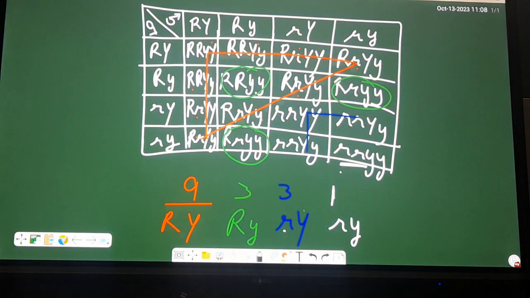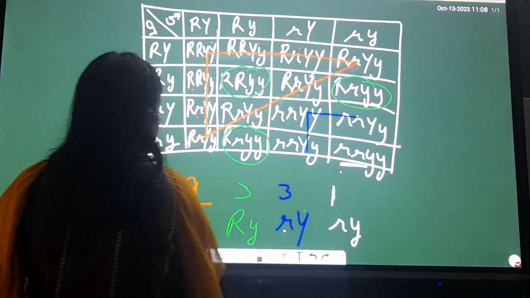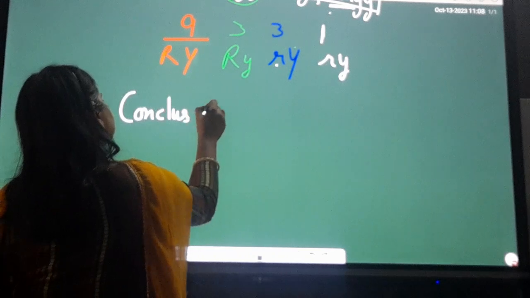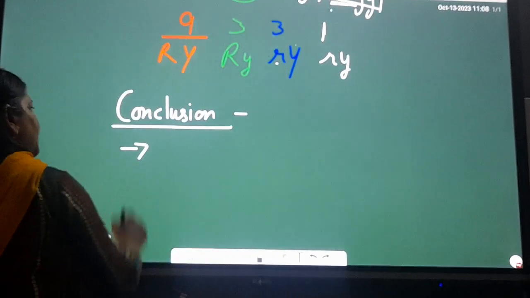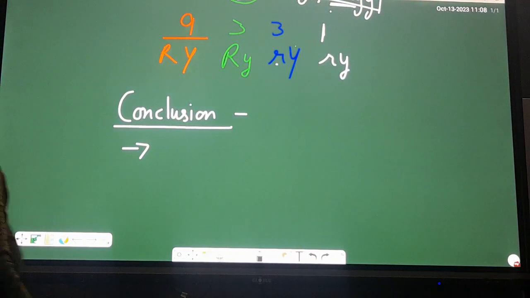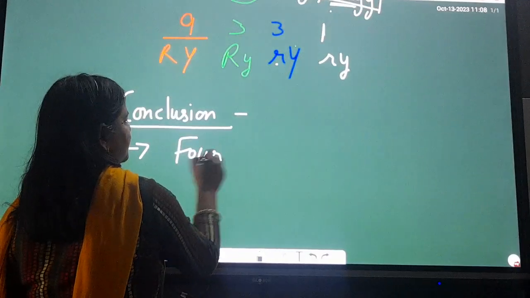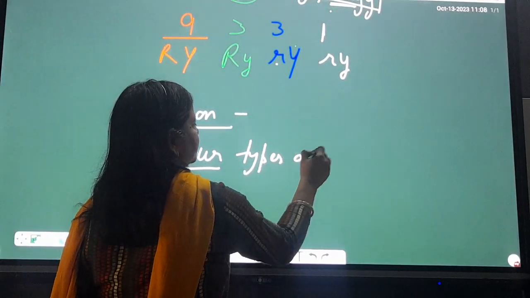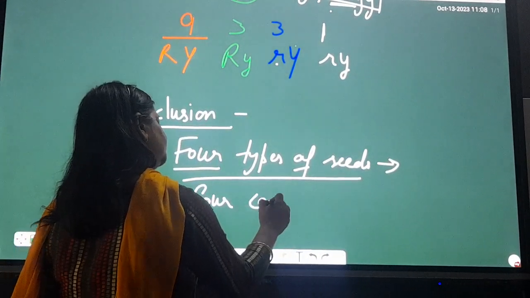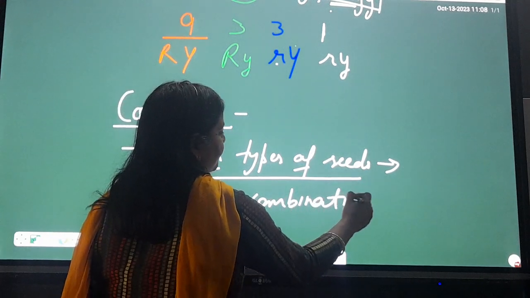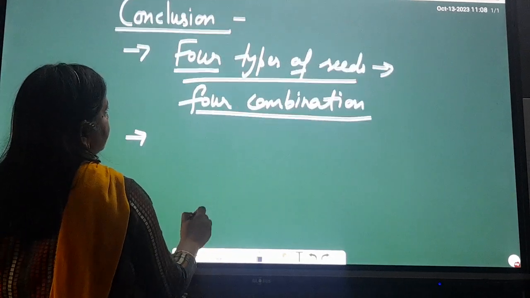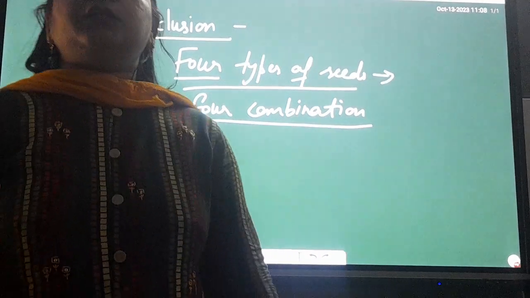So what was the conclusion of the dihybrid cross? Mendel concluded 2 points. Number 1, there were 4 combinations that appeared.